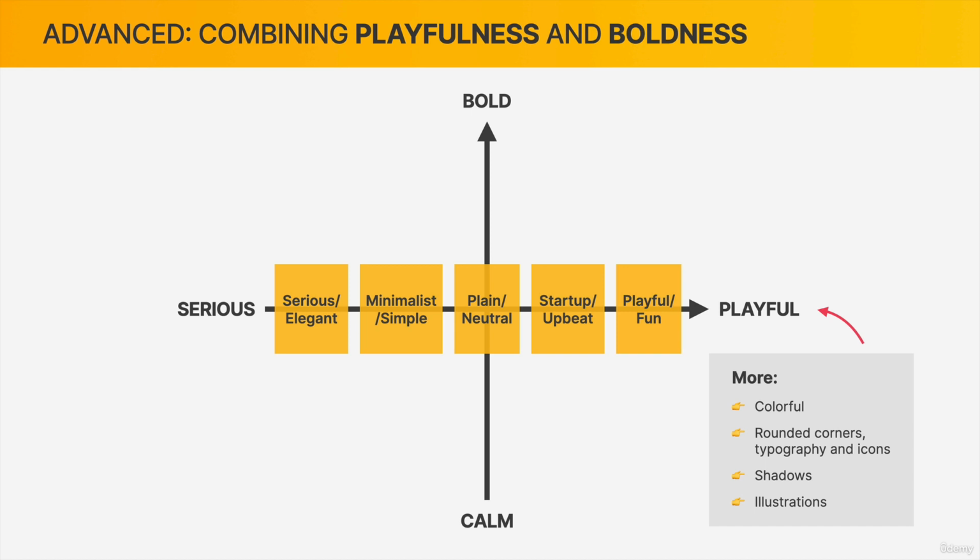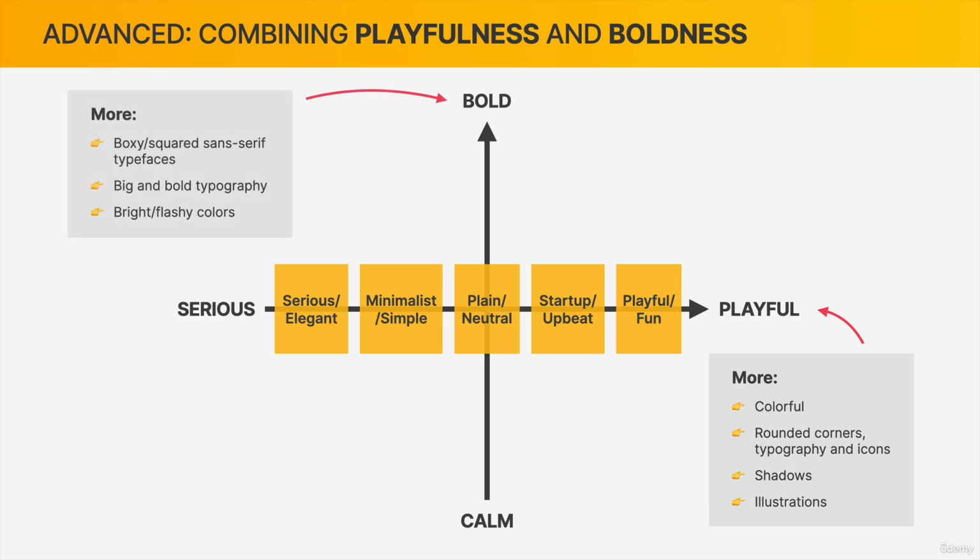Then there's also the boldness axis, and so as we learned, the bolder the website design is, the more boxy and squared the typefaces are, and the bigger and bolder the typography is going to be, and the colors will also be, let's say, brighter or flashier in bigger blocks of color.